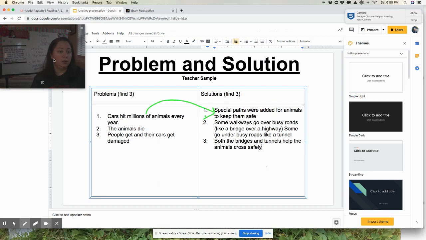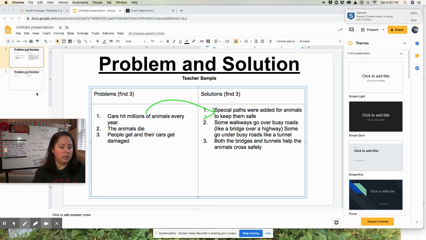You have a blank Google slide where when you're done reading the text, you're going to find the 3 problems and you're going to find the 3 solutions. You're going to type this into the box and you're going to share it with your teacher.